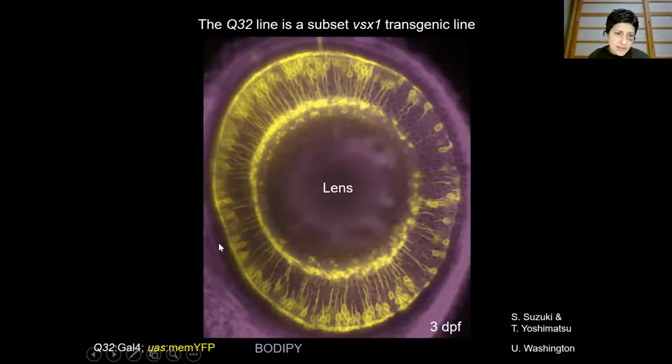For unknown reasons, this particular line that they called Q32, line 32 from the lab, is a subset line of VSX1. In other words, not all VSX1 cells are labeled, but we thought we could take advantage of that because sparseness of labeling really helps to follow cells much more easily than if many cells are labeled.